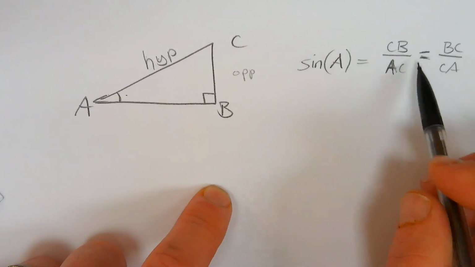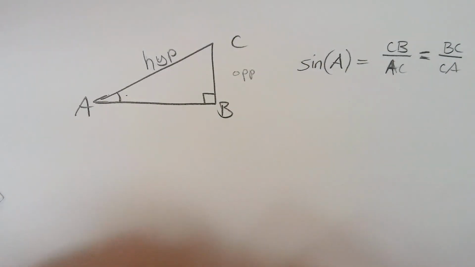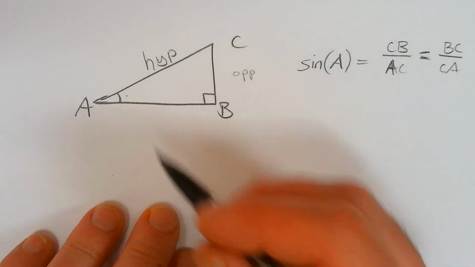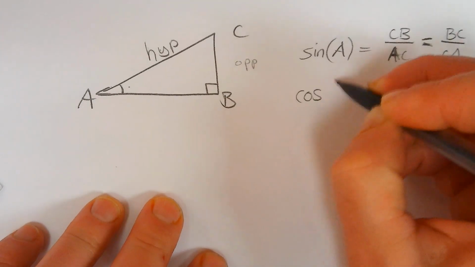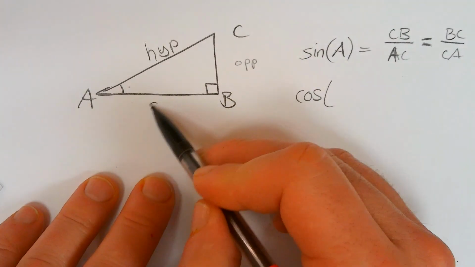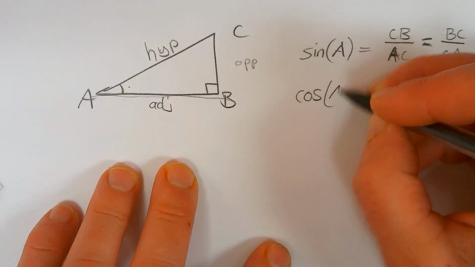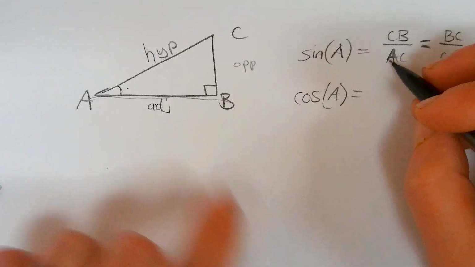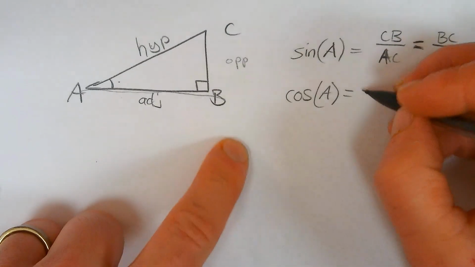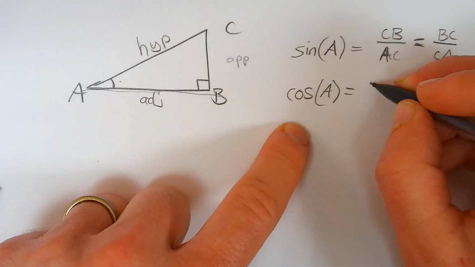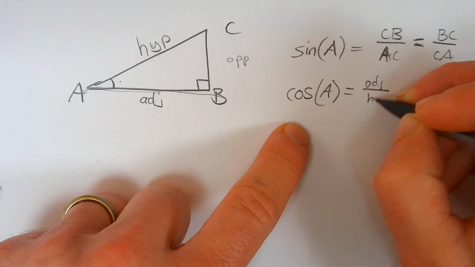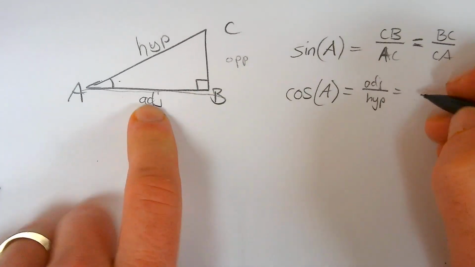On the assignment you're about to do, I tried to pick the most logical order for the multiple choice. Let's do cosine A. Cosine, my fave, involves the adjacent. Adjacent is AB here. The cosine is the adjacent over the hypotenuse. The adjacent in this case is AB.